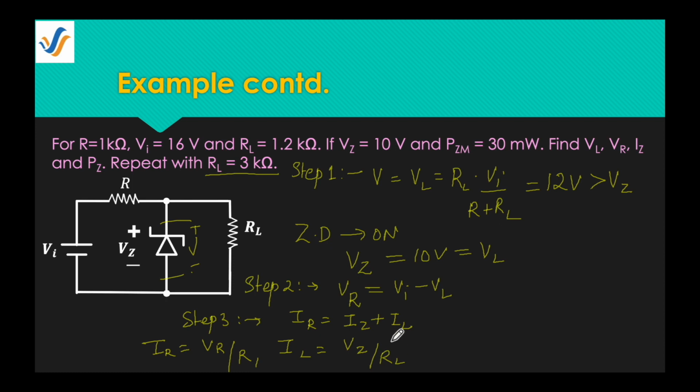You can solve it. The last parameter is PZ. So PZ is the product of Zener voltage and the Zener current. If we put the values, then this PZ will be 26.7 milliwatt, which is less than the maximum wattage rating. In this way, the Zener diode acts as a voltage regulator.